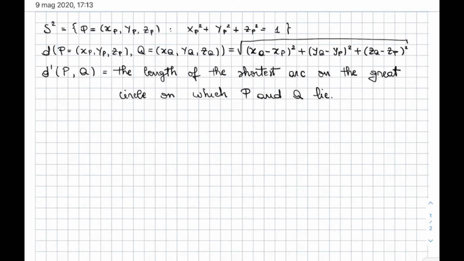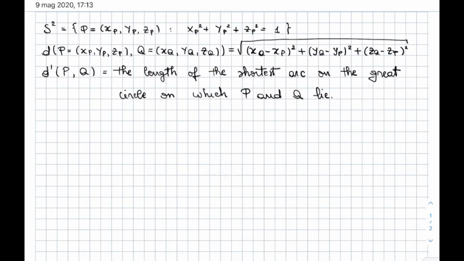Of course, if P and Q are antipodal points, there are many great circles on which these 2 points lie, but any of the great circles you choose will always give you the same result.